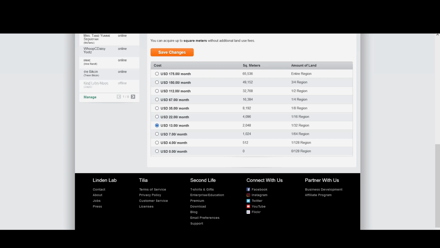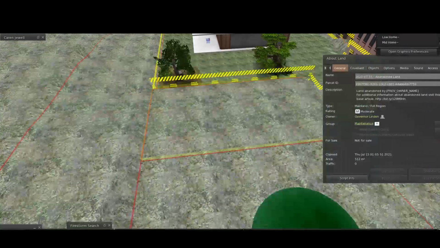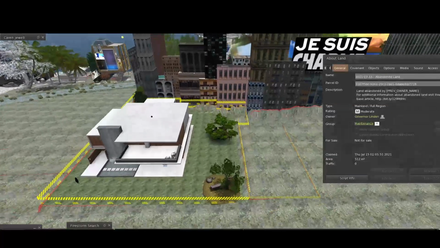If I wanted to stay in the $13 a month range, I wouldn't buy this.